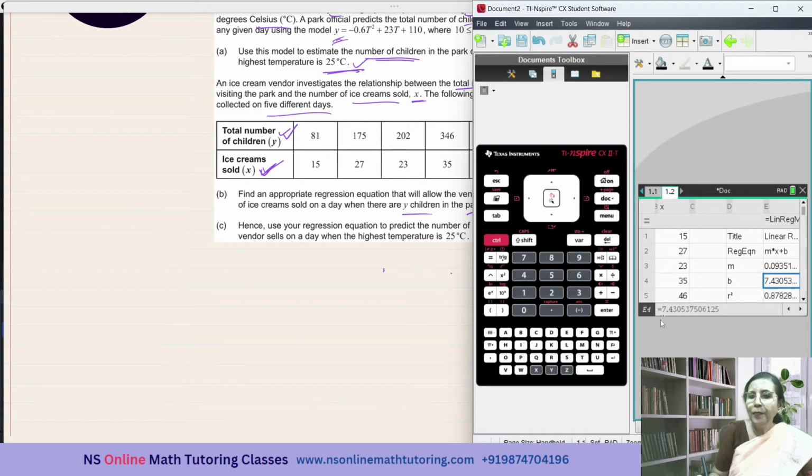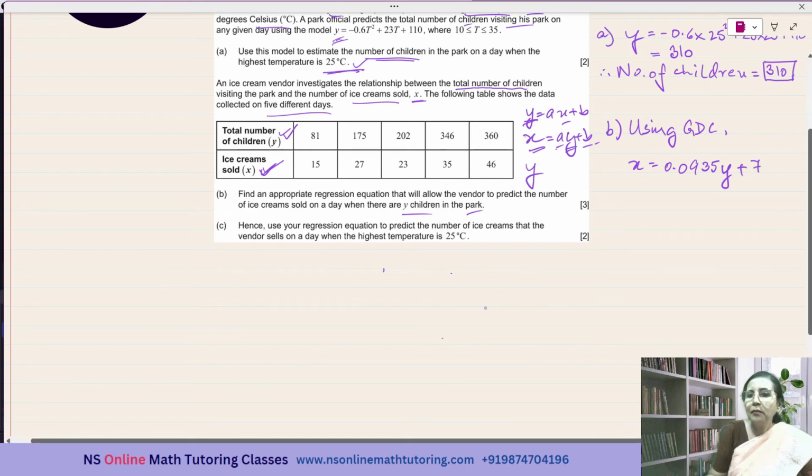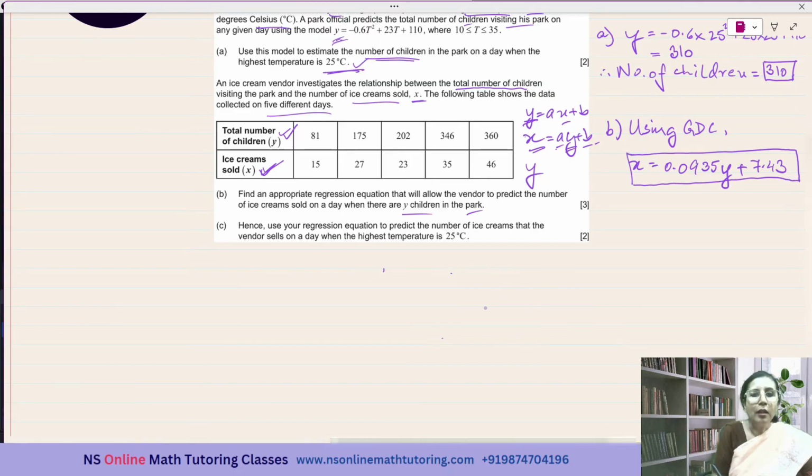What is b's value? 7.43. Up to 3 significant figures, it will be 7.43. Fine. This is the regression equation.